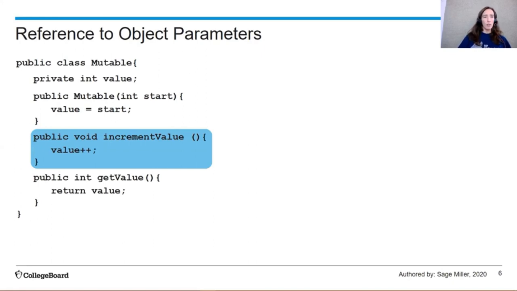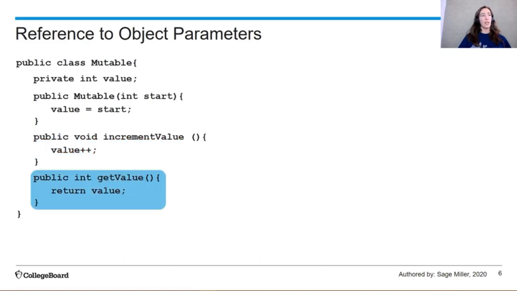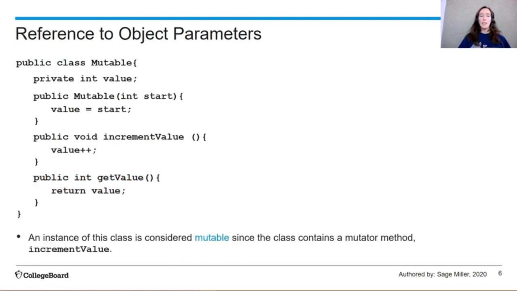In this mutator, value is changed by incrementing it by 1. And it has an accessor. You could go back to 5.4 if you need some help with accessors. An instance of this class, meaning an object you create with the mutable class, is considered mutable because this class contains a mutator method, a method that can change its instance value. Increment value does that.